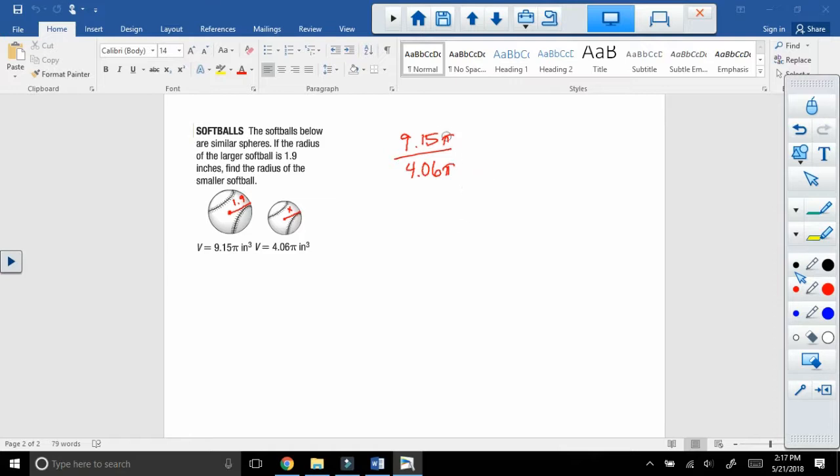What I would do is I would simplify 9.15. I would divide it by 4.06. And this here doesn't work out to be like a nice fraction.